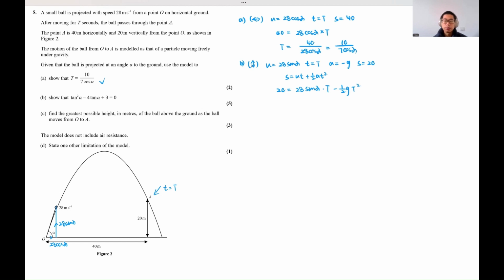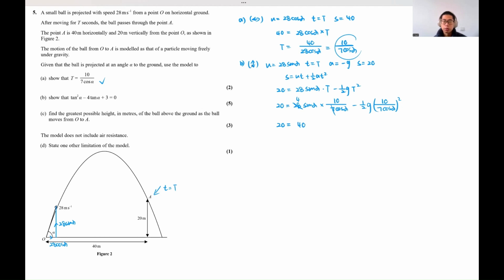So simplify that, it's really not much to simplify. So we can just substitute our T from before into this equation. So 20 equal to 28 sine alpha times 10/7 cos alpha, and then minus 1/2 g, and then T is equal to 10/7 cos alpha, and then square that. So simplify this, 20 equal to, 28 divided by 7 would be just 4, and then 4 times 10 is 40.